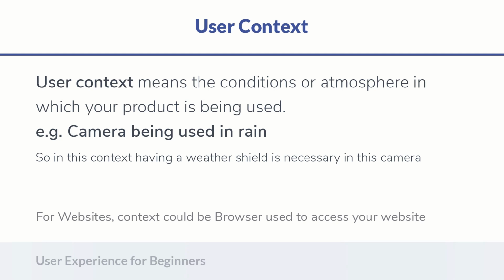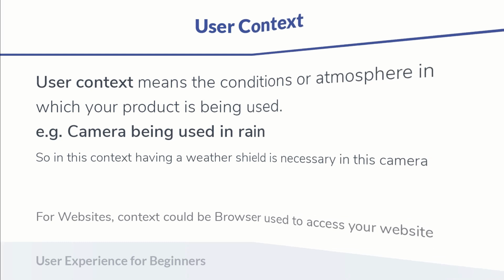There might be people around you, a lot of noise, a lot of gathering, and you are booking your seats. So you need to take care of all these things. You might be in the sun, so your screen is not that bright, or you are having problems clicking or tapping on different buttons. Okay. So this is called user context.